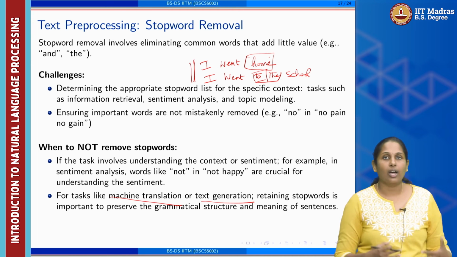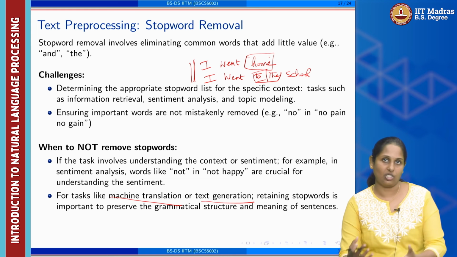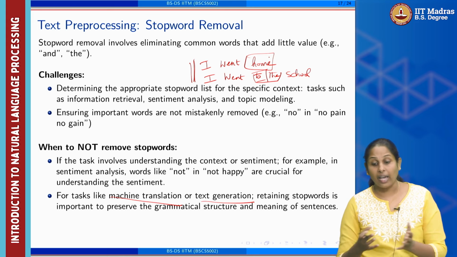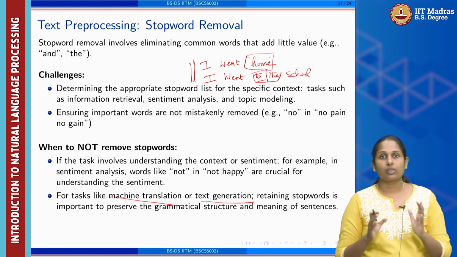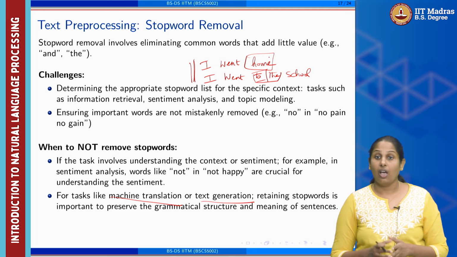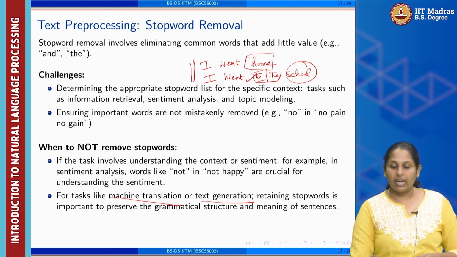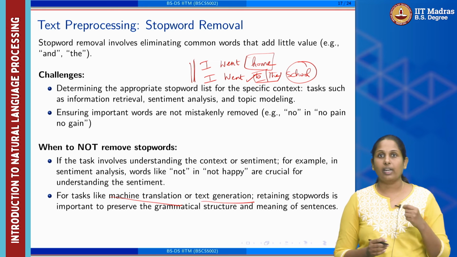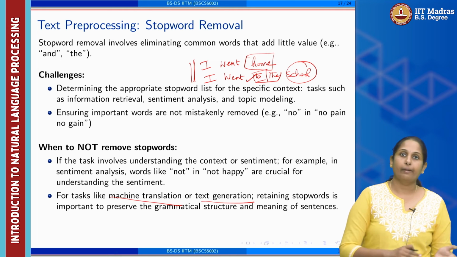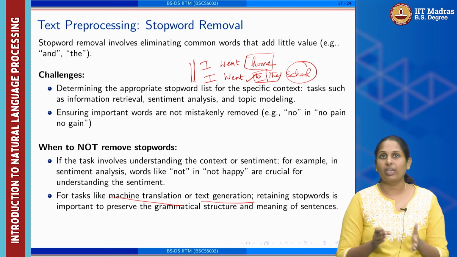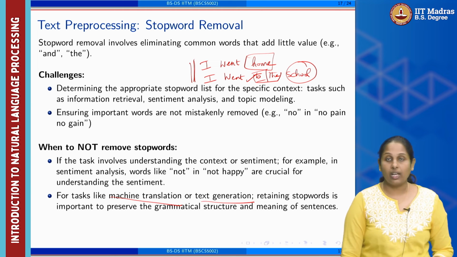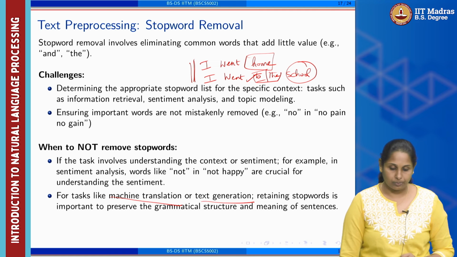There is an agent, an action of going, and a destination. I is the agent, going is the action, and home or school is the destination. But depending upon the word, the selection of the case marker, the preposition, is very important. So when we are generating language, we want to make sure it generates language equal to what a human generates. For that, stop words play a very important role.